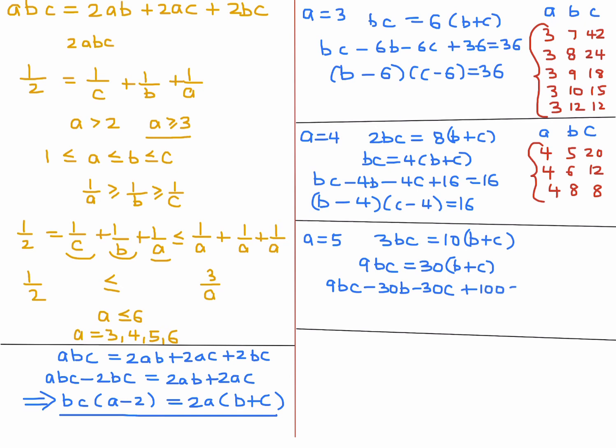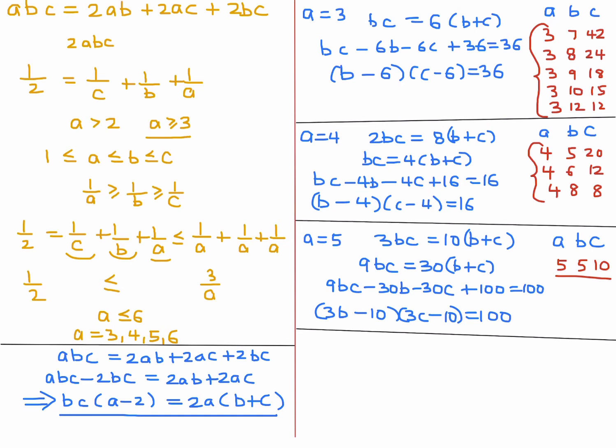And then if we add 100 to both sides, it helps with the factoring a little bit. And when you do factor, you get (3B minus 10)(3C minus 10) equals 100. And again, the hope is that factoring will help you recognize the triples. And in this case, there's only one, that is 5 and 10, and the value for A is 5.